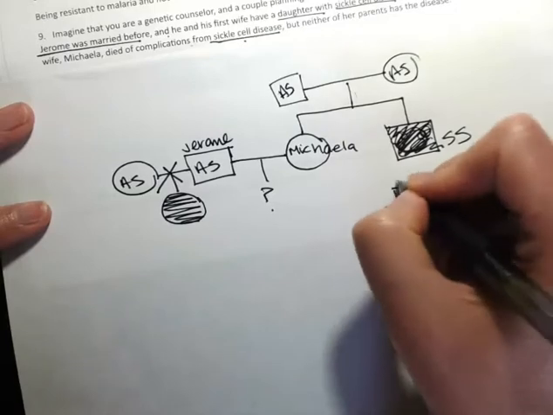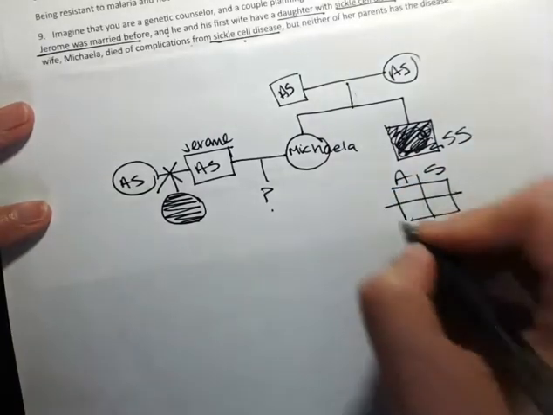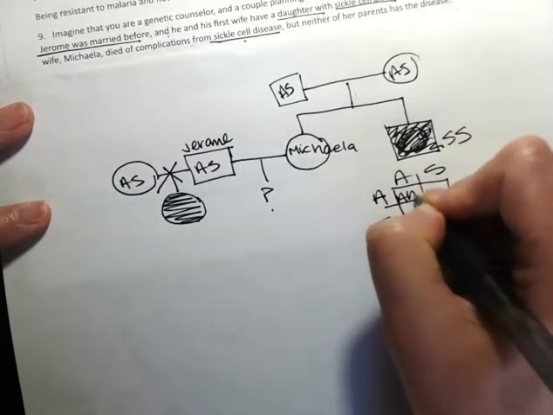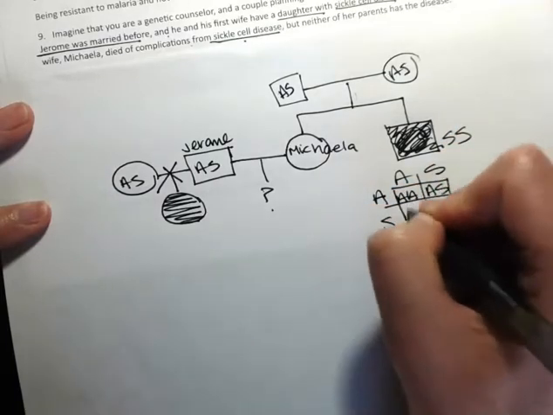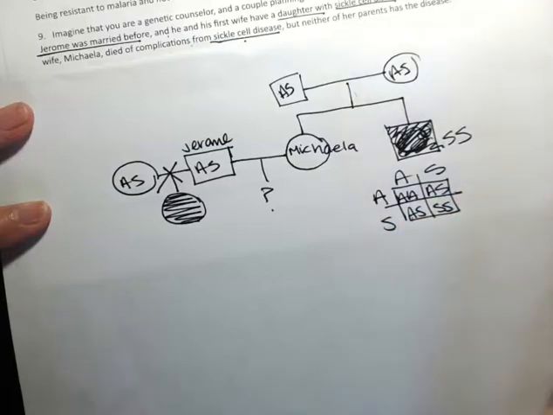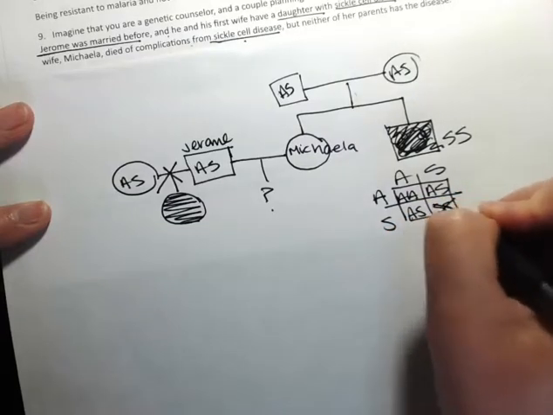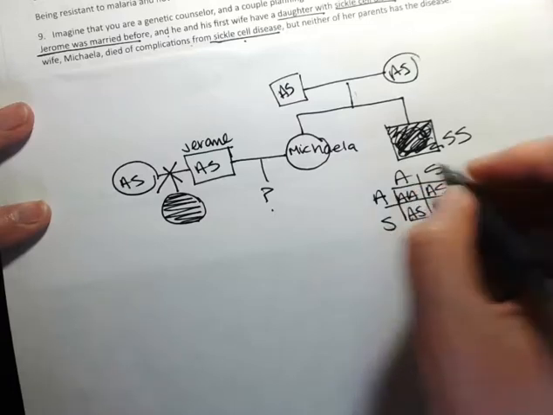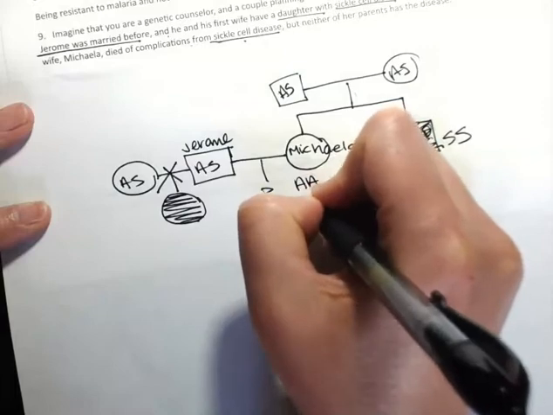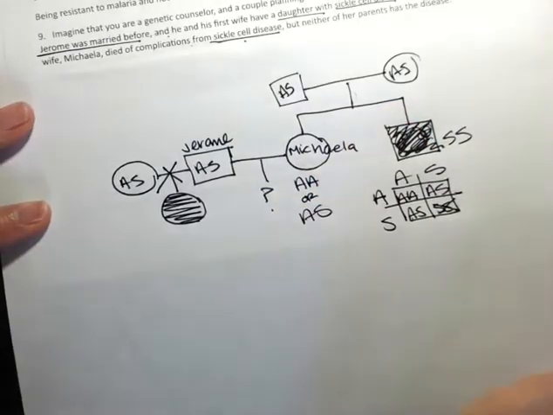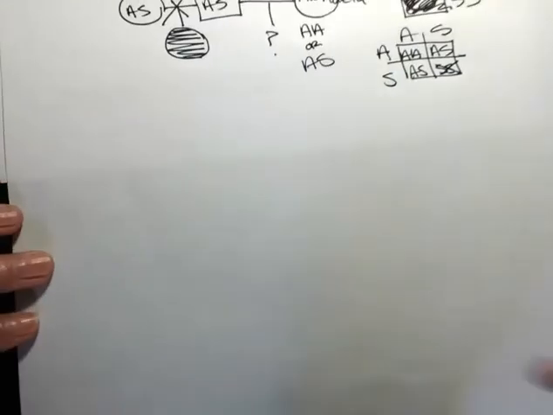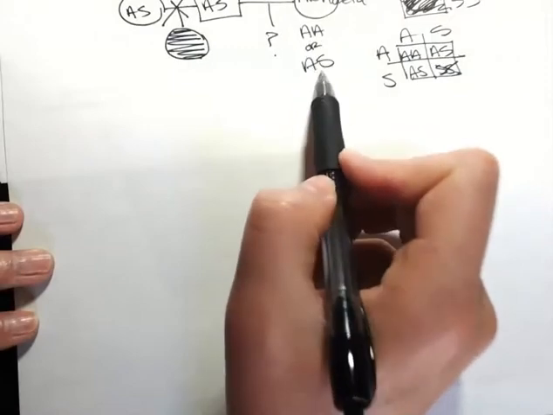So now we need to figure out Michaela. And again, this is one of those where we know that this isn't her, but she could be either AA or AS. And so answering that question is going to require you to address both possibilities.